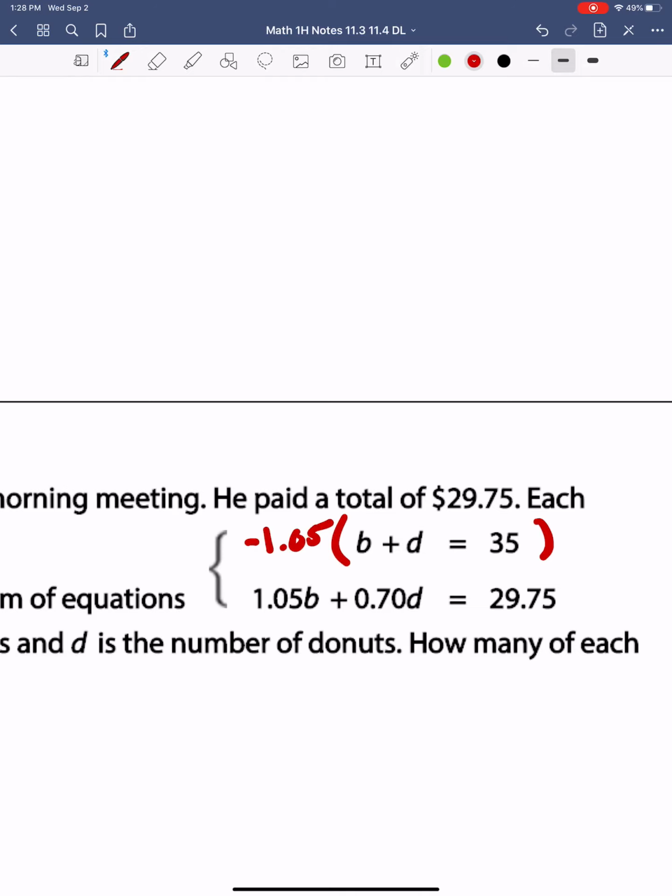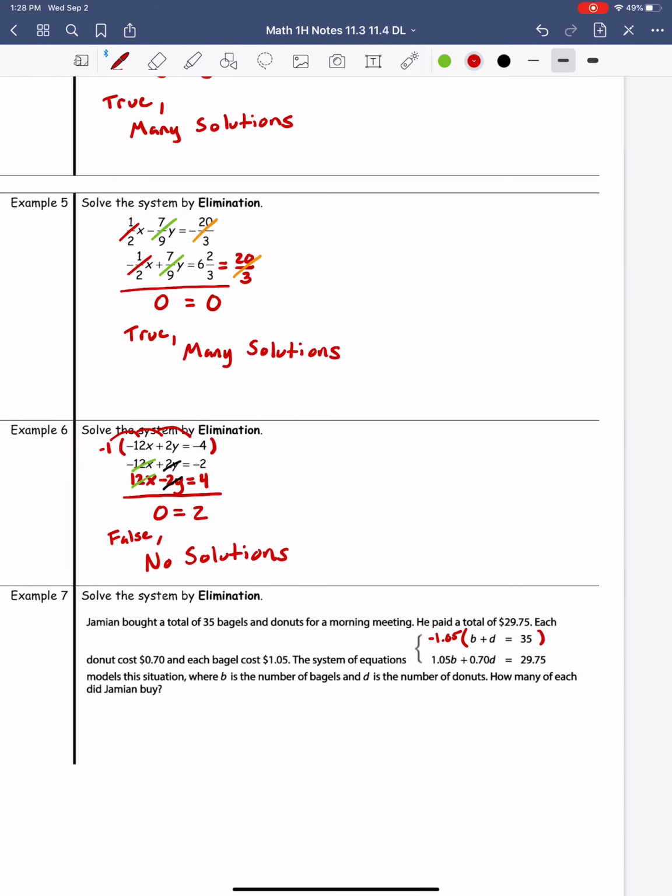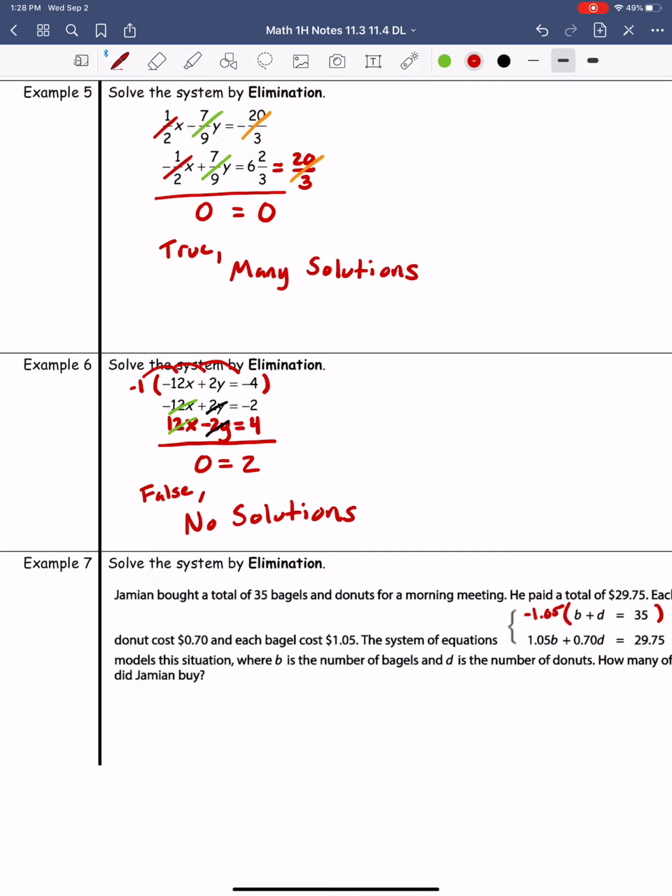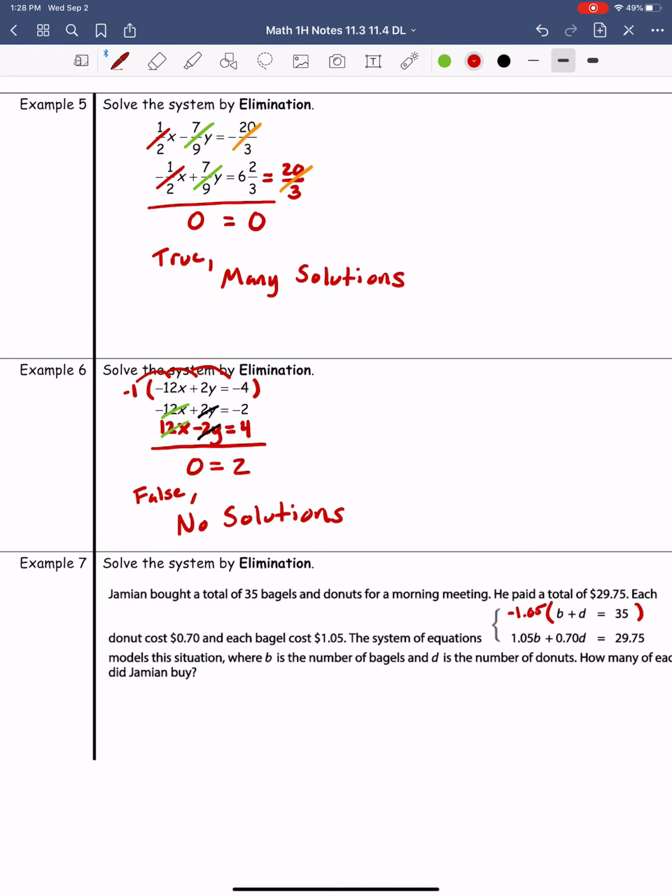And so we're going to end up with a new equation, and I'm going to move it over here for space. And so we're going to end up with negative 1.05 B minus 1.05 D equals, well, we have to do negative 1.05 times 35, which gives me negative 36.75.